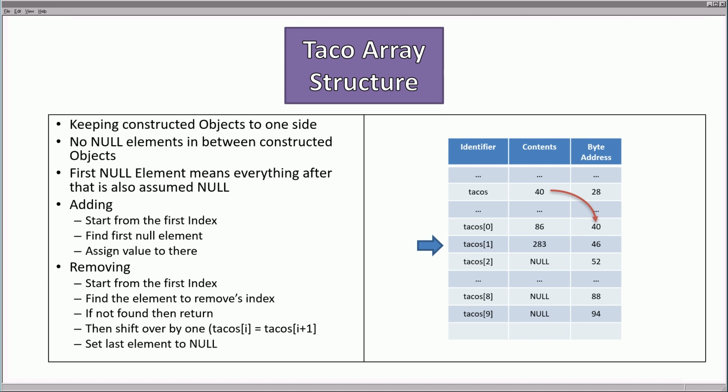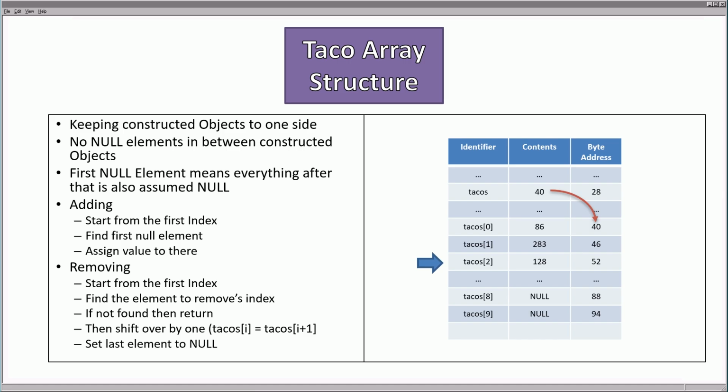This is null, and so we assign the memory address, let's just say arbitrarily 283, that points to that next constructed object. If we were going to do this one more time, we're going to add one more element to this array. If we start from index 0, that's not null. If we move to index 1, that is also not null now. Index 2 is null, so we add the next one there.